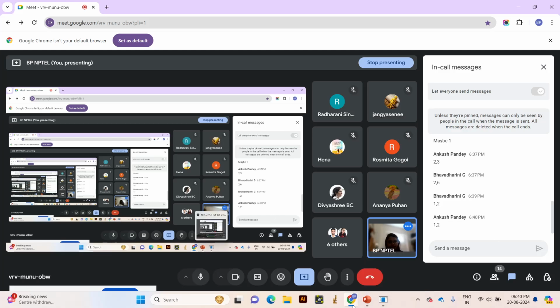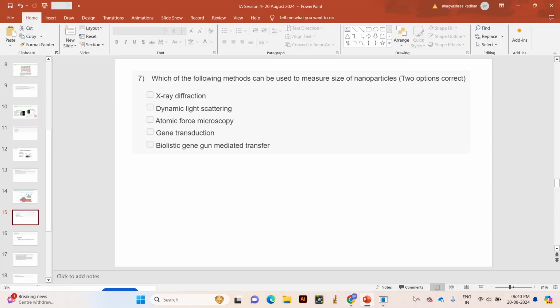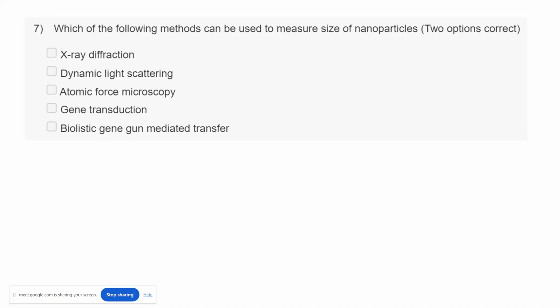Okay. So far we have option 1 and 2. Anybody else has any other option? Two and three. 2 and 3, okay.